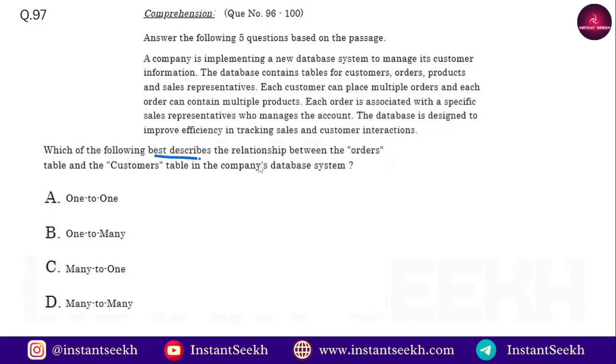Which of the following best describes the relationship between the orders table and the customer table in the company's database? Let's say one order is there, can that be placed by many customers?